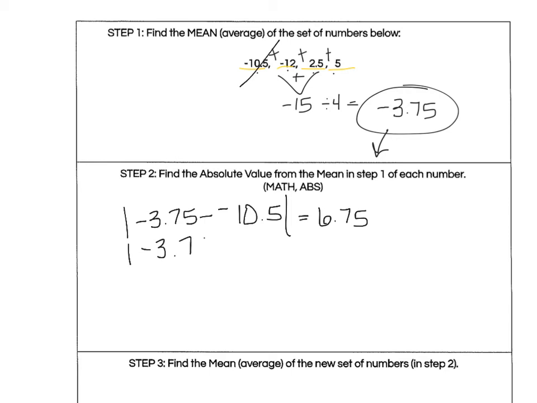Negative 3.75 minus negative 12. Okay, that gives me 8.25. Done with that number. The next one, negative 3.75 minus 2.5.